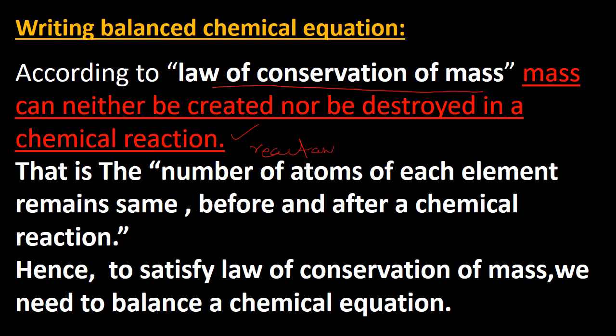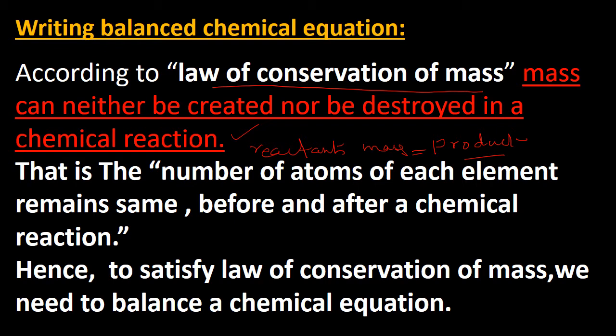This is possible only if the number of atoms on the reactant side is equal to the number of atoms on the product side. So while balancing a chemical equation, we are making the number of atoms of each element on the reactant side and product side equal.